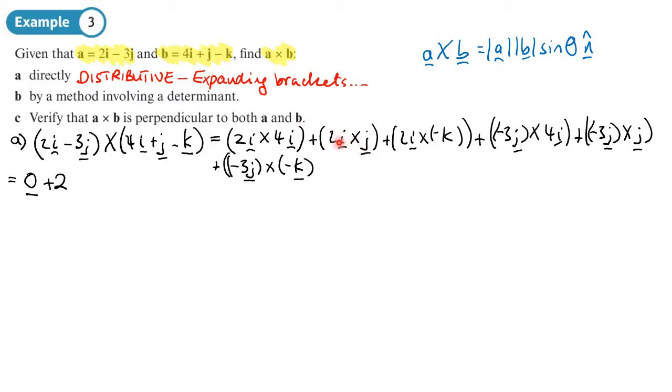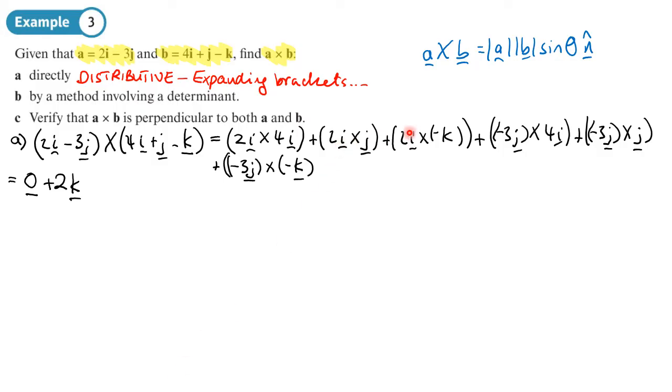So in this we need to work out i cross j, and i cross j is just going to be k. You can always look back at the previous example where we wrote down a list of all the different ones, but i cross j is going to be k, so that just leaves us with 2k.